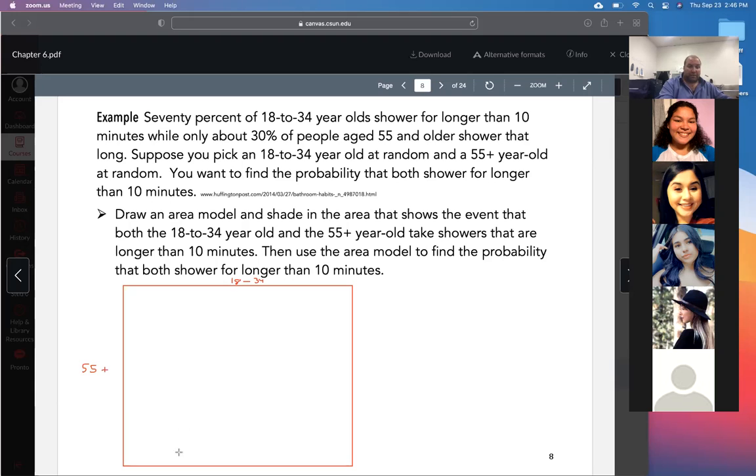Okay, but the question is how much room should each one take up? That's the key. Oh. The key is how much room they take up. So showering longer is 30%.